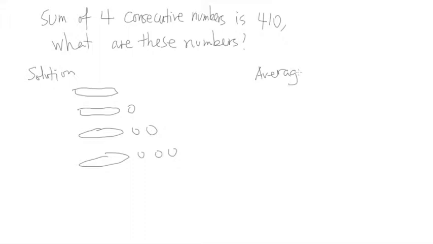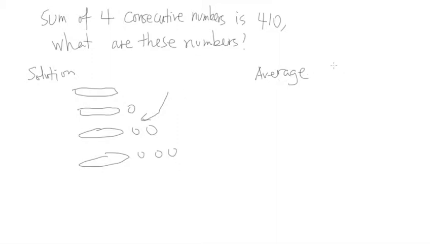Again, I would say looking for the average will be easier. But in this case, you notice that because we have 4 numbers instead of 3 or 11, which are odd, the average gave you the middle number. But 4 is an even number, so if you take the average, you will get a number somewhere in between the second and third numbers. So the average is not going to be an integer.